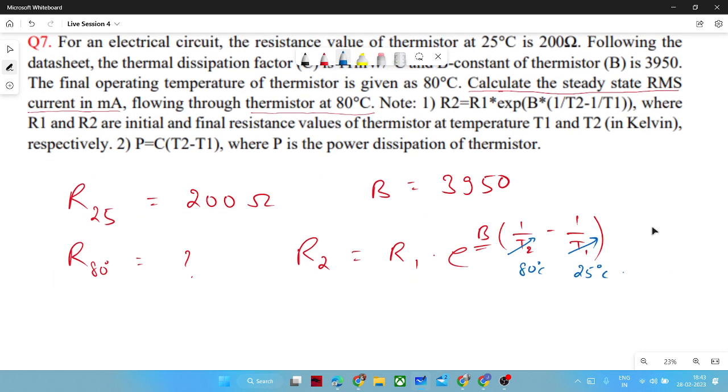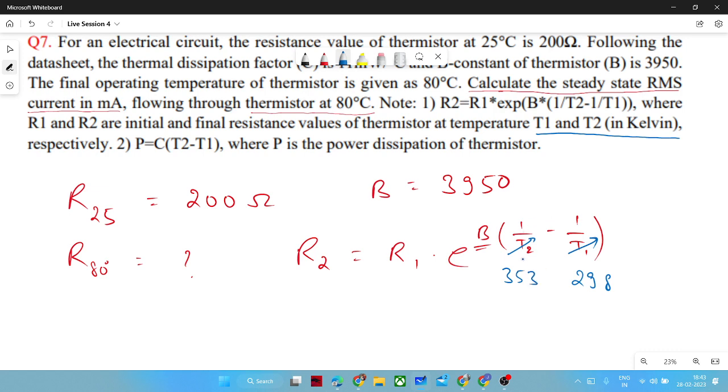Do we use degree Kelvin or degree Celsius here? Since it is already mentioned in the problem that these are in Kelvin, you should generally proceed with Kelvin. 25 plus 273, that would be 298, and 273 plus 80, 353.